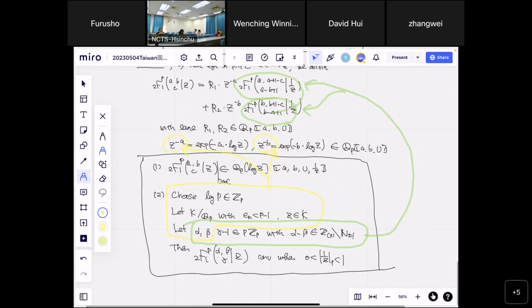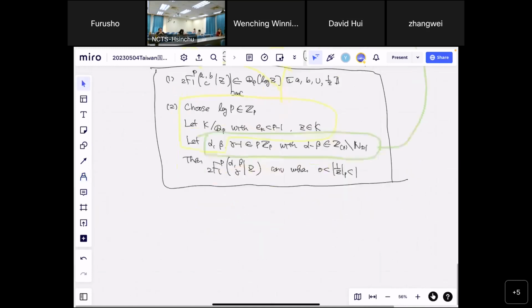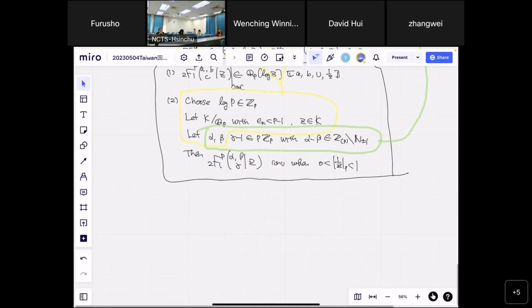That's how these two conditions are required. So under this condition, this function always converges in a neighborhood of infinity. Go to the neighborhood of 1.